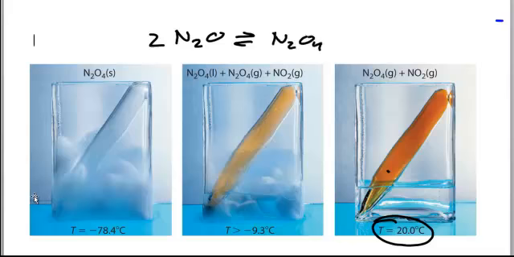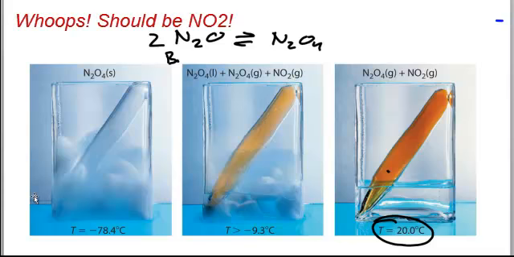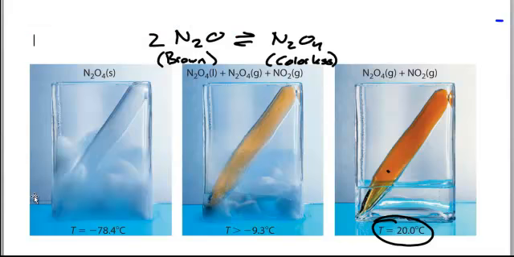And so as you cool it, the brown death gas is going to turn into N2O4, which is actually colorless. So as you cool it down, the system becomes less and less brown, more and more colorless as you form more and more N2O4. So that's one example of free energy at work.